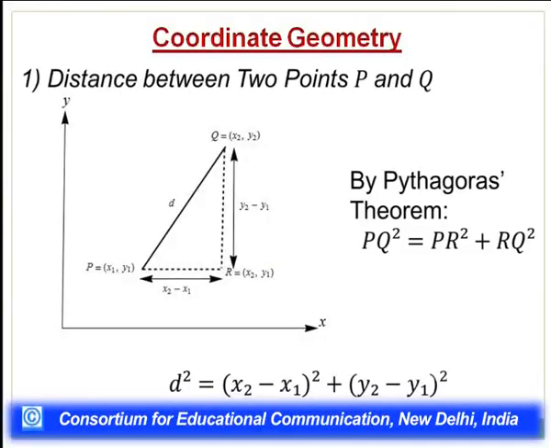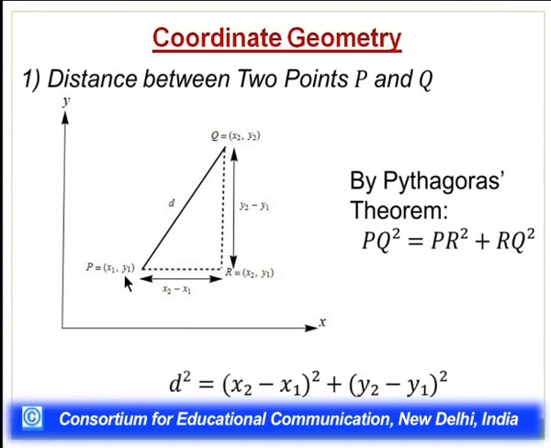Let us first talk about the distance formula and the section formula from coordinate geometry. So let us suppose we have two fixed points, P and Q. Please look at the picture on slide 2.